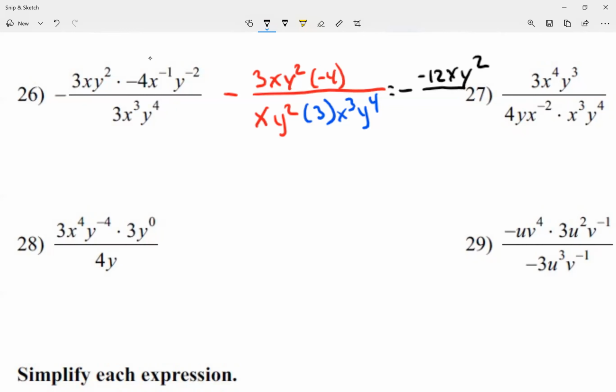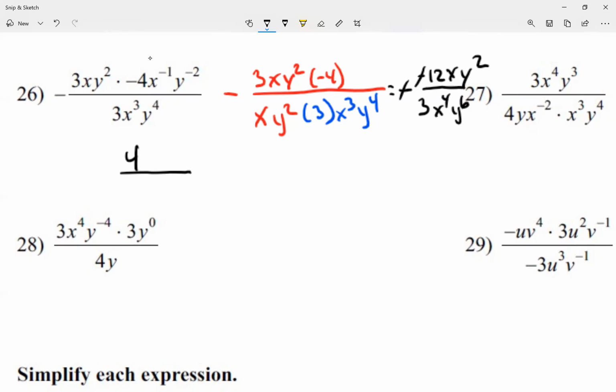At the bottom, I have a 3, x to the 4th, and y to the 6th. Notice I added the exponents of my letters. All right, number-wise, I see 2 negative signs, so they cancel out. Number-wise, 12 over 3 is just the 4.